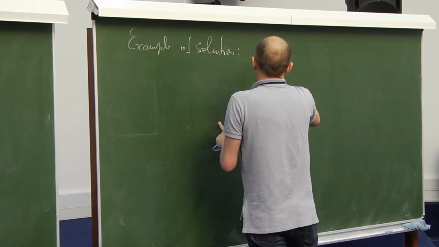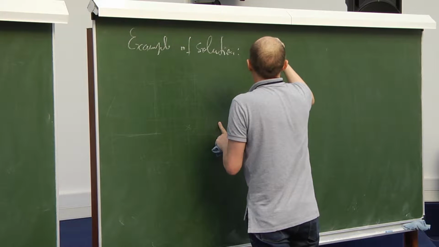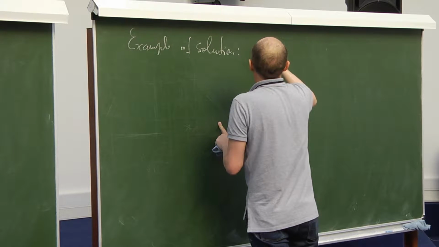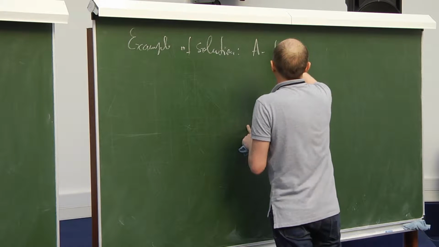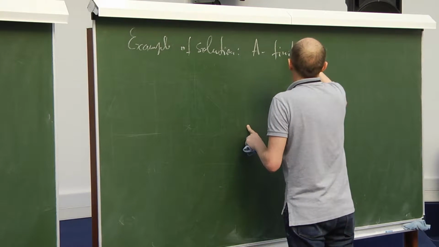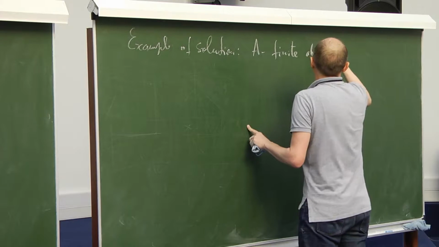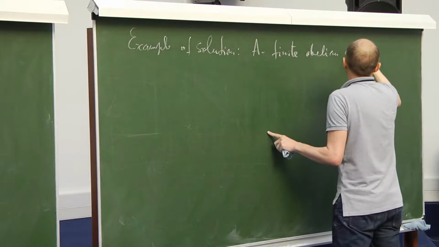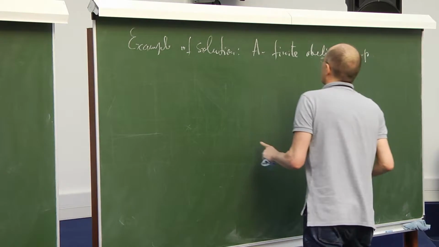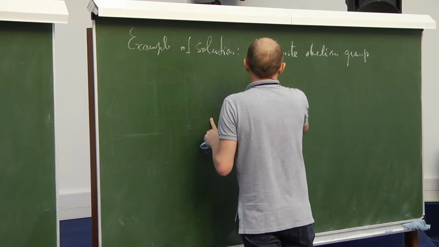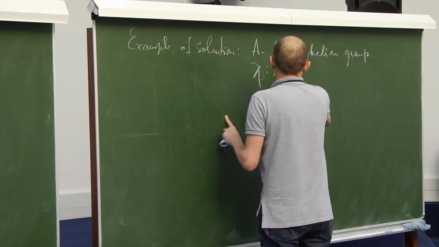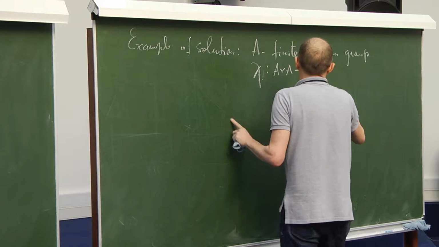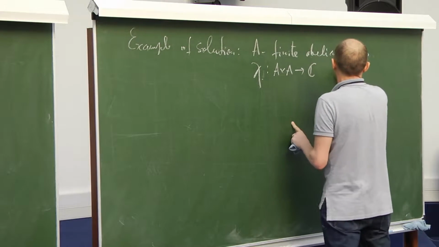So we take G, a finite abelian group, and chi mapping A cross A to C, a character.